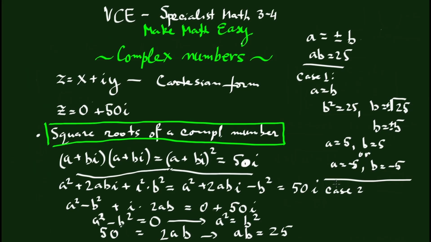Case 2, we have that a is equal to minus b, therefore we have minus b times b equals 25, therefore b squared equals minus 25, which is impossible.